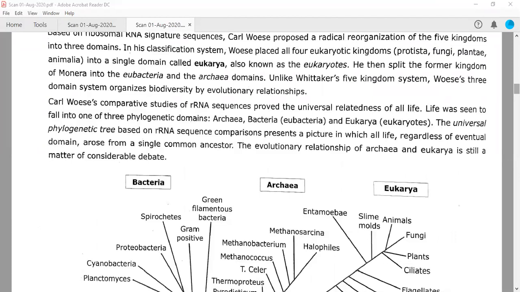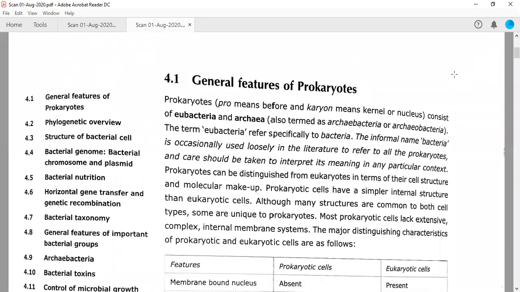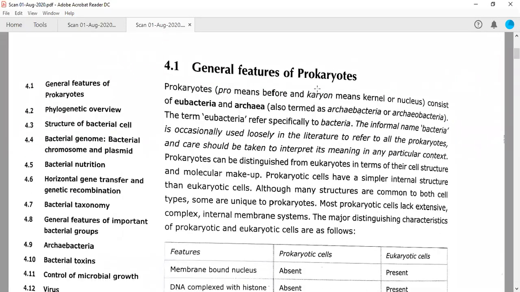So we need to study this. Both eubacteria and archaea come under prokaryotes, and they also tell about another kingdom called Monera. So Monera has been divided into eubacteria and archaea depending upon their signature sequences.